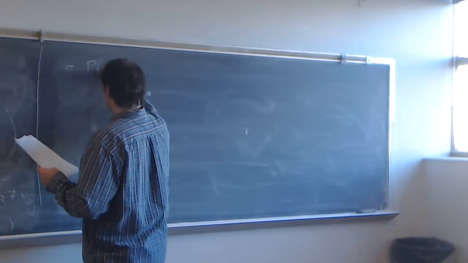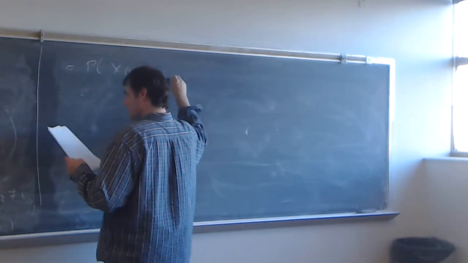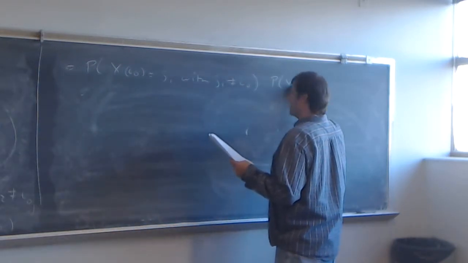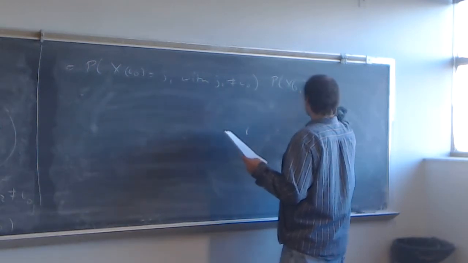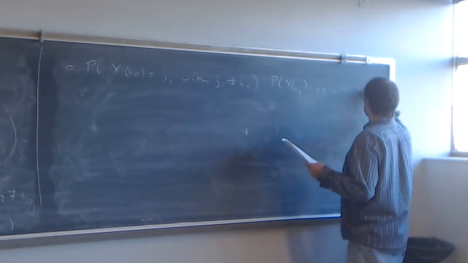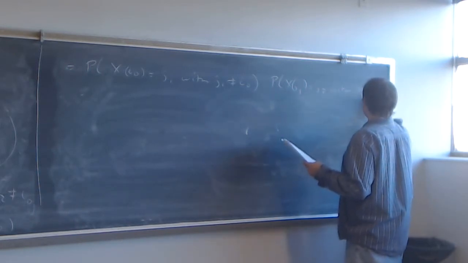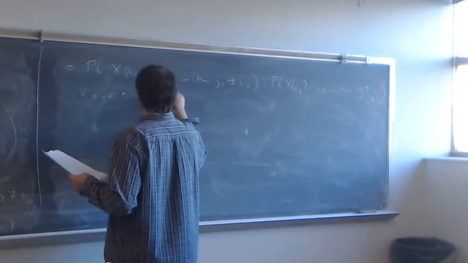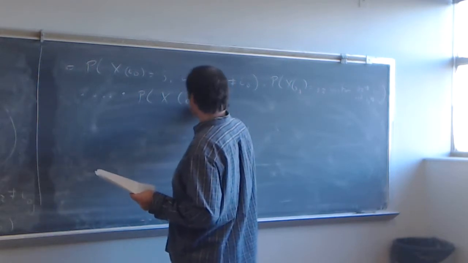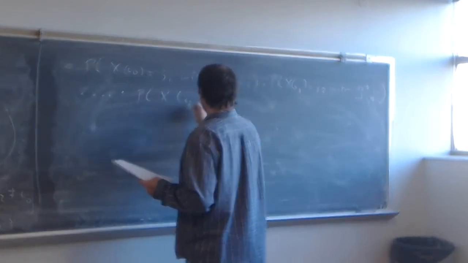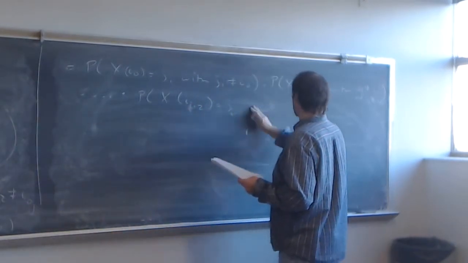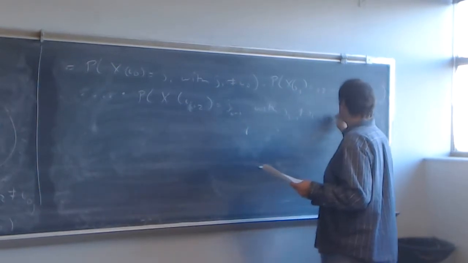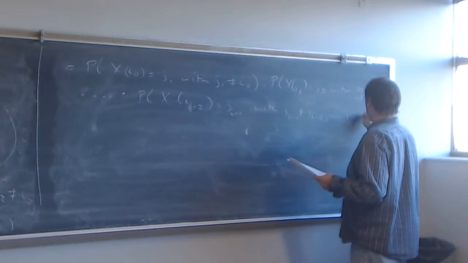So that's equal to the probability that x sub I sub naught is equal to j sub 1, with j sub 1 being different than I sub naught, times the probability that x of j sub 1 is equal to j sub 2, with j sub 2 being different than j sub 1 and I sub naught, times the probability that x of j sub I minus 2 is equal to j sub I minus 1, with j sub I minus 1 being different than j sub I minus 2, all the way down to being different than I sub naught.